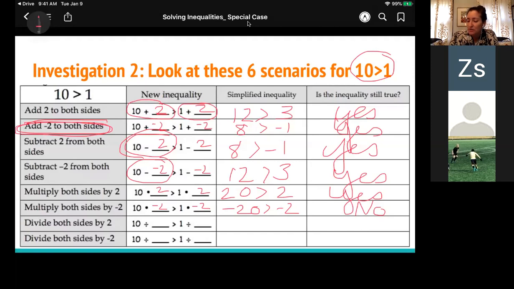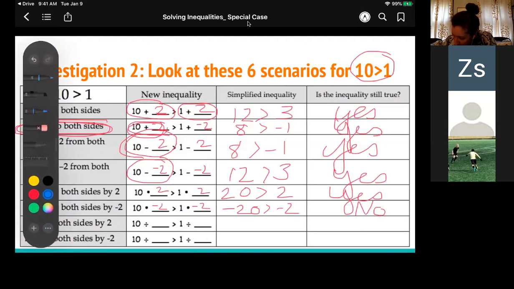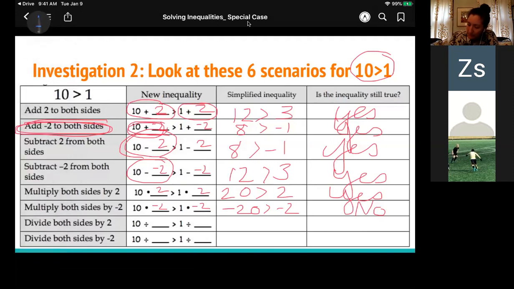All right, what is 10 plus -2? 8. And what's 1 plus -2? -1. So is 8 greater than -1? Yes. So it should be yes and then another yes.